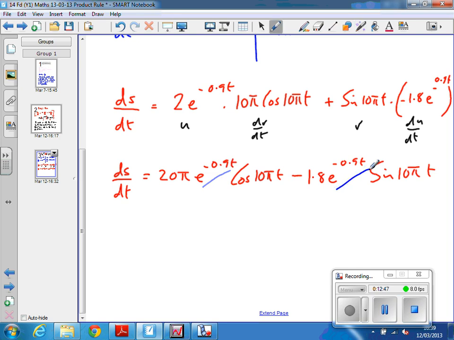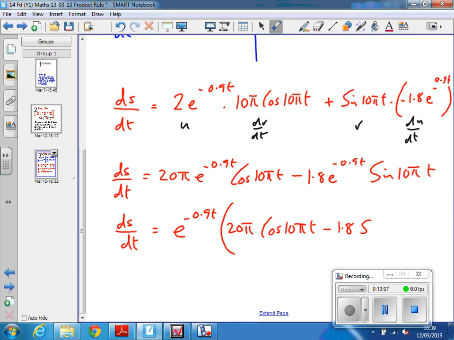So ds by dt equals e to the minus 0.9t, bracket, 20 pi times the cos of 10 pi t minus 1.8 sine 10 pi t. And that again is a very common thing to do.